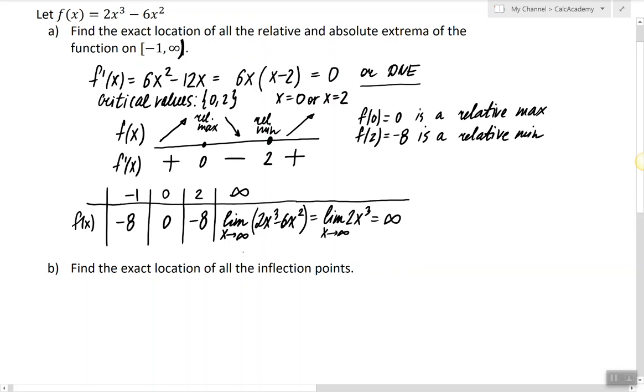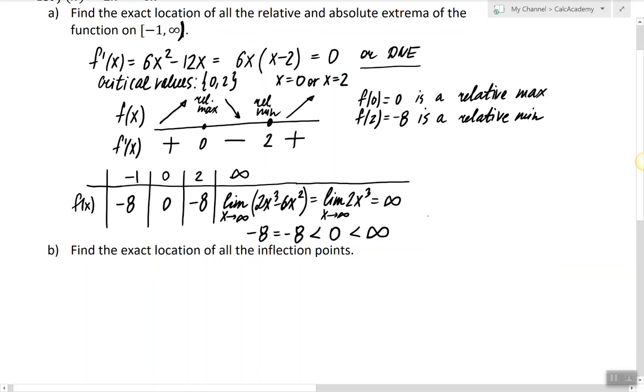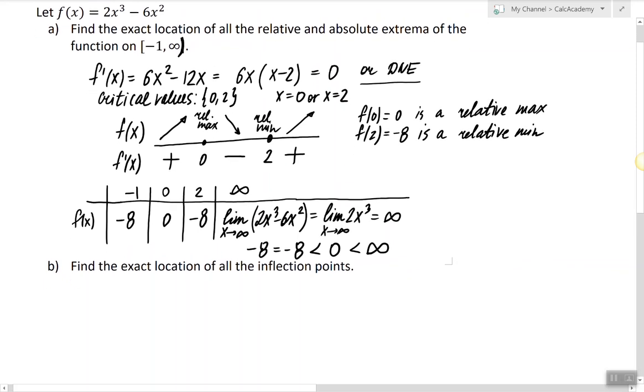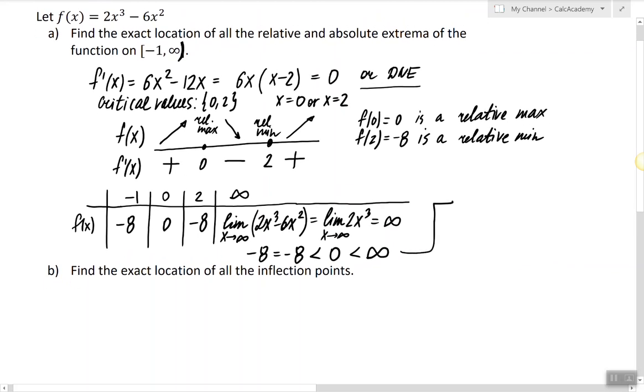And now we have to compare all these values with one another. So -8 is the smallest one, then goes 0, and then we have infinity. Since infinity is not a value, that means we interpret that as the absence of an absolute max.